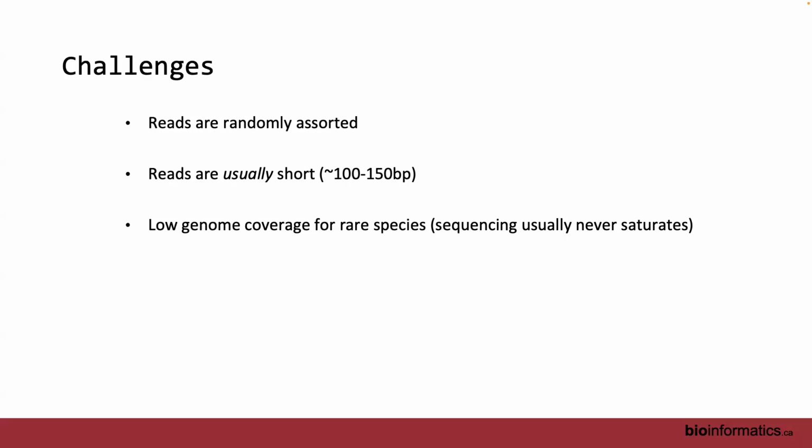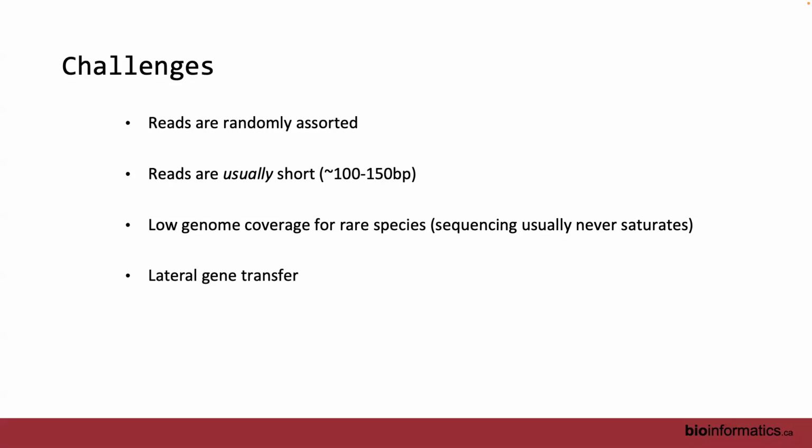And so that means that we're not going to be able to sequence every single cell and every single piece of DNA in that adequately. On top of that, we probably won't even cover a single genome very well, maybe for the more dominant things, but considering we often have a rare tail of taxa, we won't be able to have as many reads for those. And we'll see how that comes into play a little bit later.